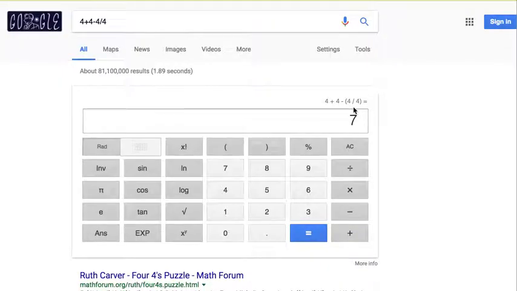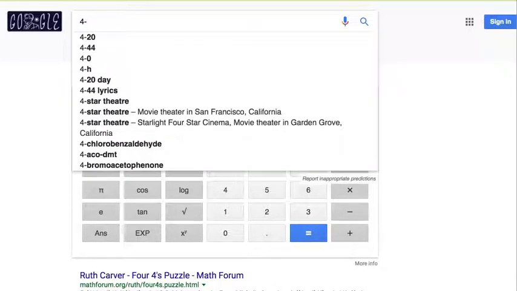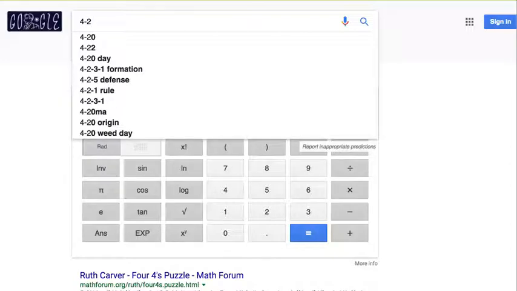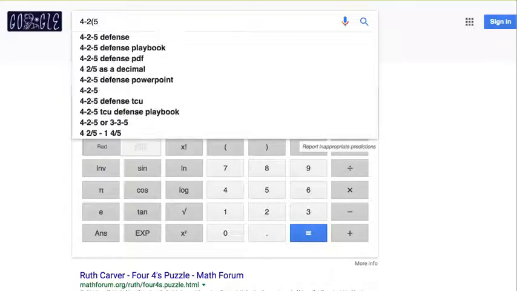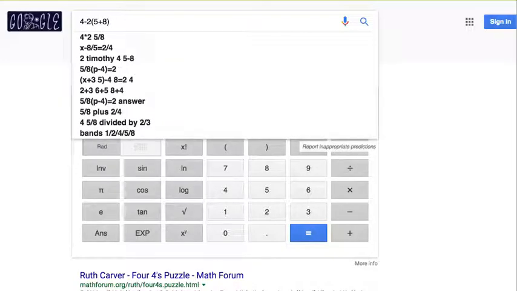And so if we were to go down those other operations that I did in the previous video, you could actually see 4 minus 2 times 5 plus 8, for example.